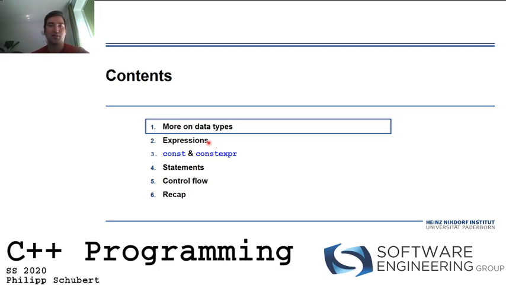Then we will also talk about expressions, and expressions can be used together with statements and control flow to describe computations, and therefore to implement your own algorithms that perform some meaningful computations. And we will also talk about the const and constexpr qualifiers. Those are variable qualifiers, which can be quite important.